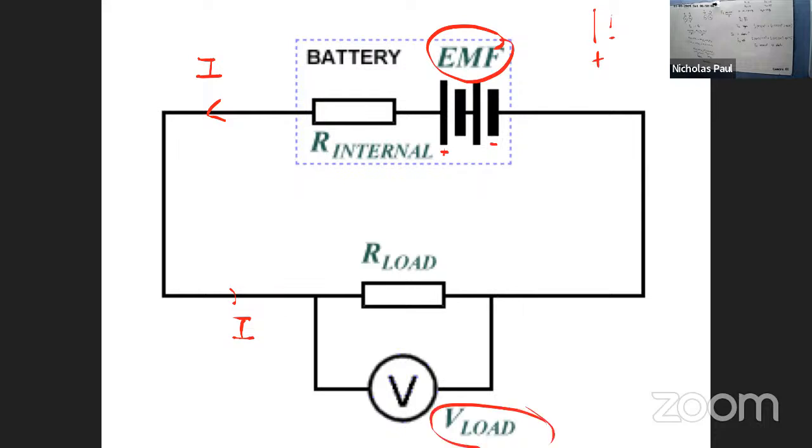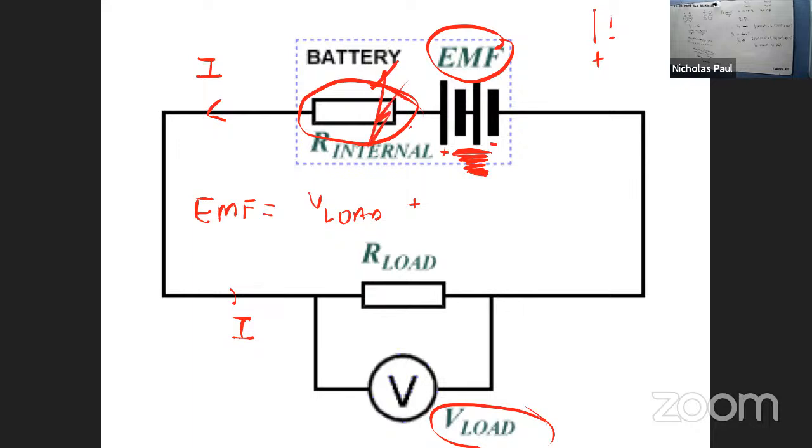Which is larger? The EMF. So we know that the EMF is equal to the V load plus the extra here. The energy being supplied is being lost here, to the internal resistance.